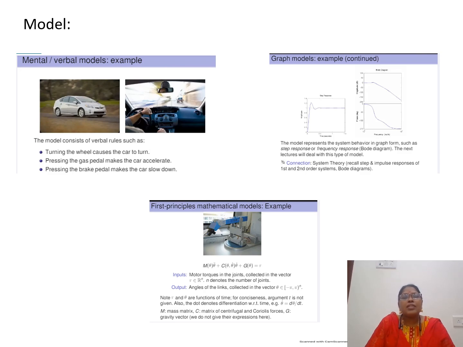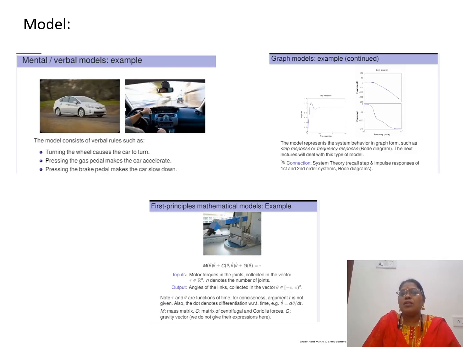Here we have an example: turning the wheel causes the car to turn. This is a verbal sentence, and you can understand its meaning. By turning the wheel, we make the car turn. So the sentence gives a meaning without any mathematical solution. That we call a mental model. And the next one is the graphical model.